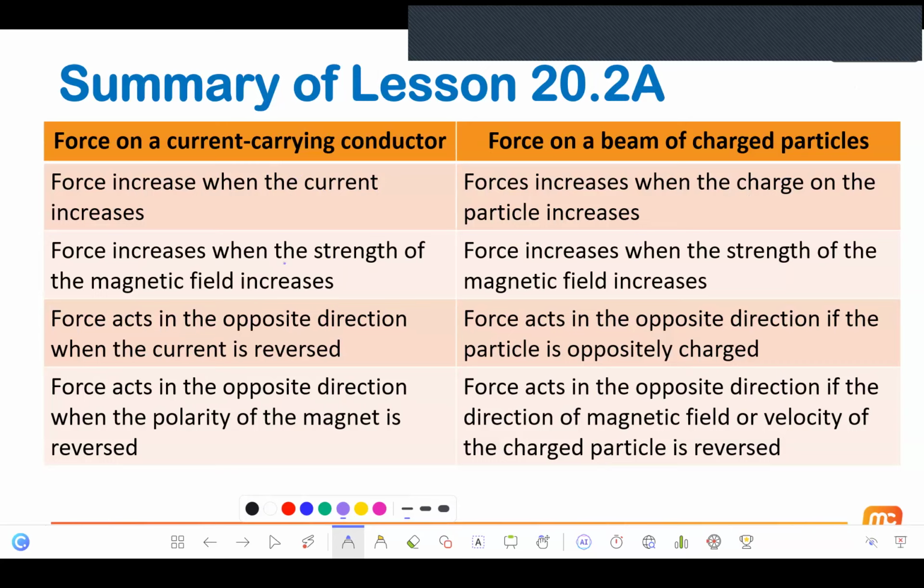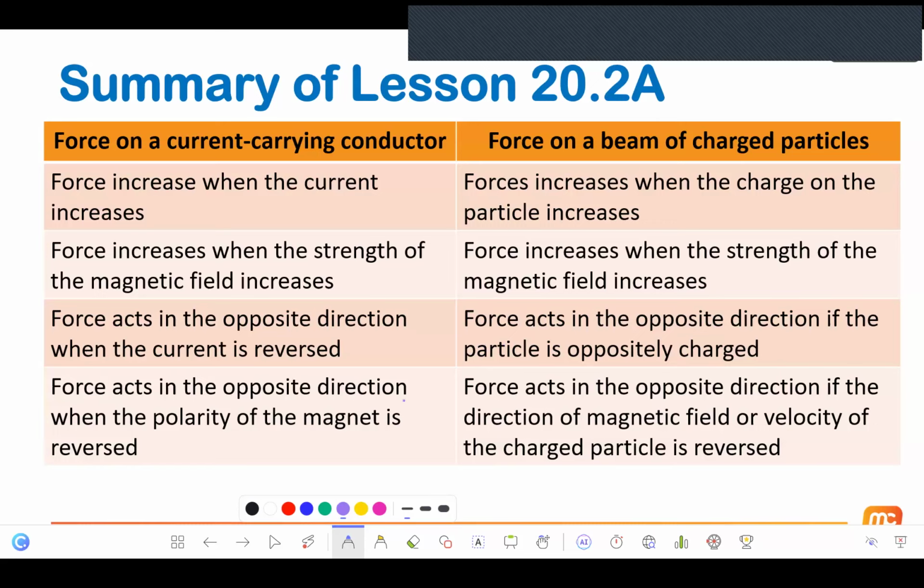Next one, the force can be increased when the strength of the magnetic field increases. The same. Over here, it must also be placed in a magnetic field. If I want a greater force, I need to have a greater magnetic field. And this is also the same. The force acts in the opposite direction when the current is reversed. And the force will also act in the opposite direction if only the magnetic field is reversed as well.